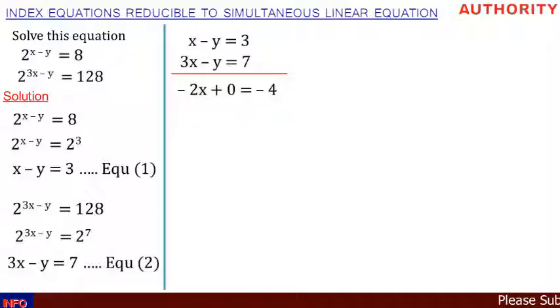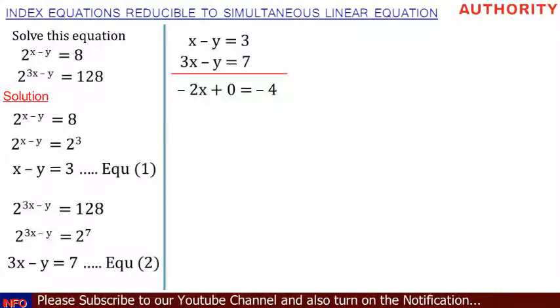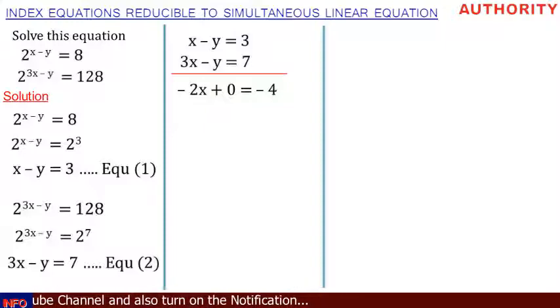Then minus y minus y, which means minus y plus y, gives us 0. And 3 minus 7 gives us minus 4. So minus 2x plus 0 is equal to minus 4, which is minus 2x is equal to minus 4.